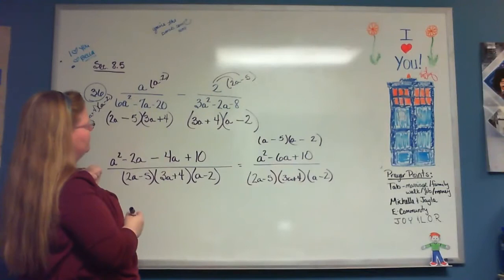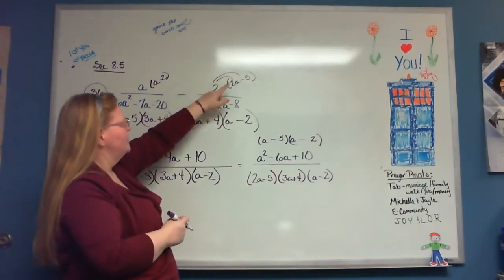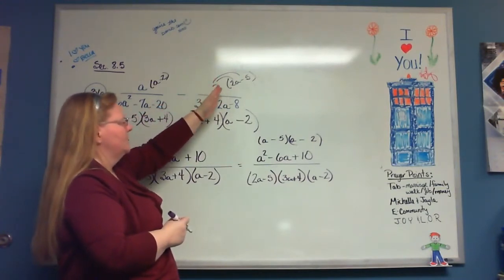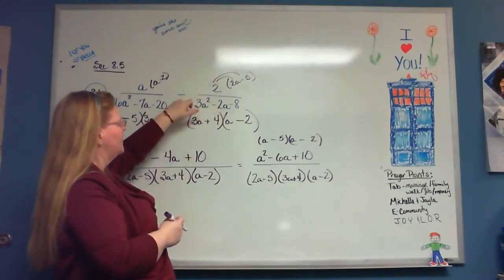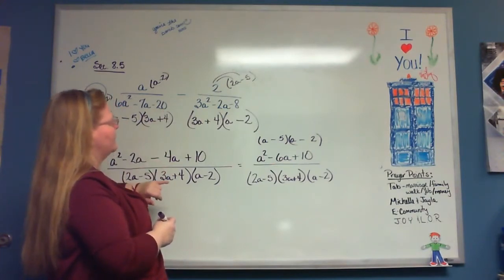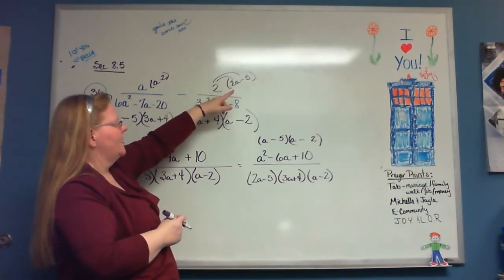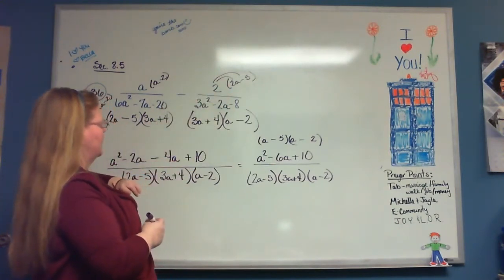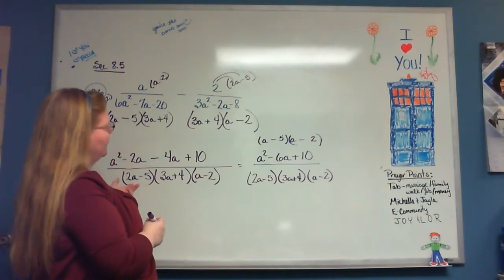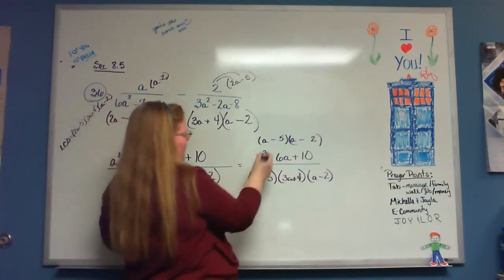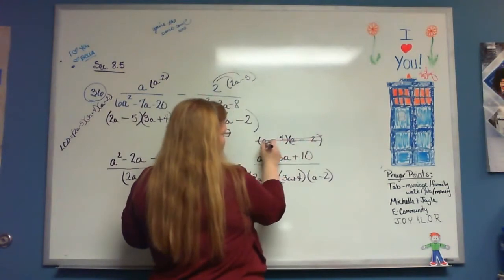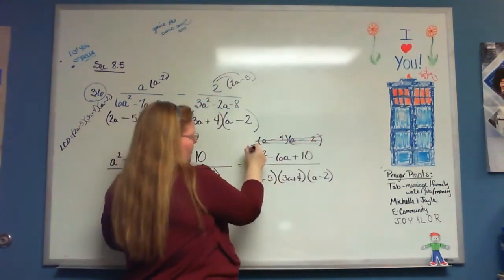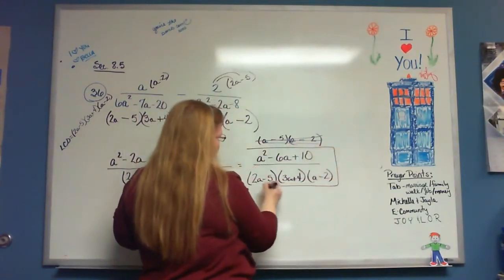That's all good. 2 times 2a, and it really is 2a minus 5, so 2 times 2a is really 4a, and that really does make it a negative 4a. And then 2 times negative 5 is really negative 10, and that turns it to a plus 10. So I think we're good. I don't think it factors out right, so I don't think that works, which means we can't cancel anything out, which means this is your answer.